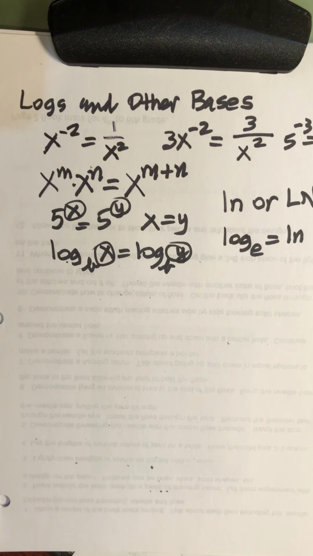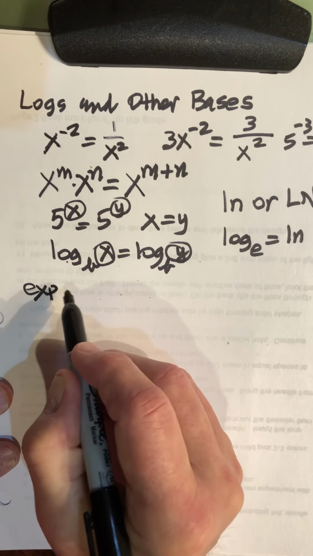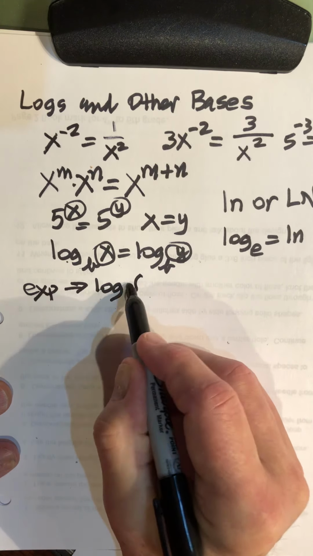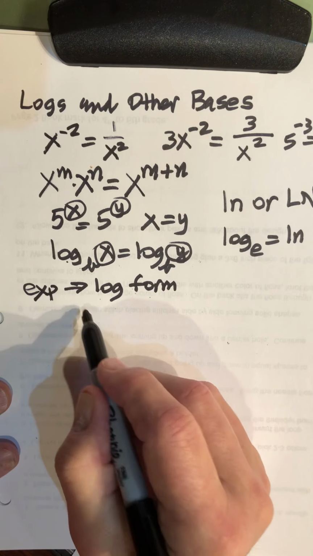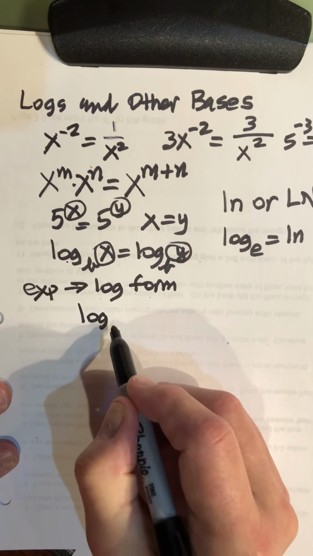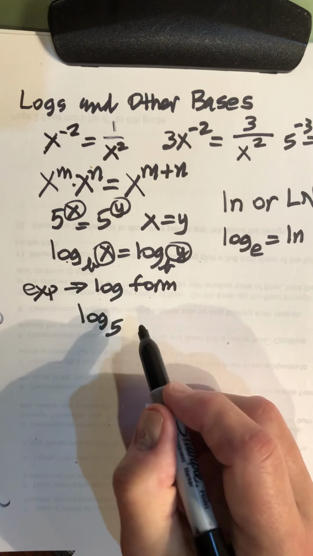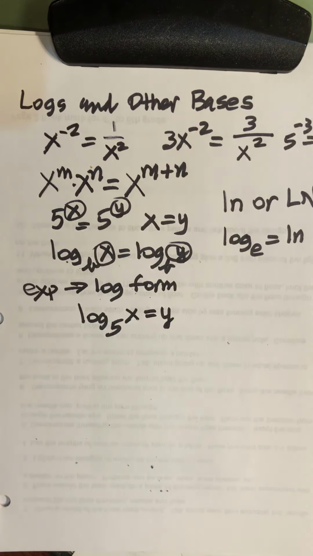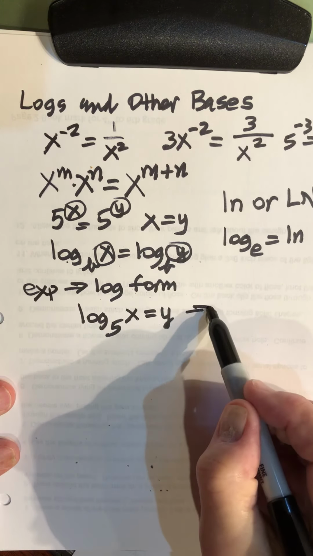Okay, the next thing on your chart is converting. And of course this is super important. Exponential to log form. An example of that would be log base 5 of x equals y. All right? And how do we convert that to exponential form?